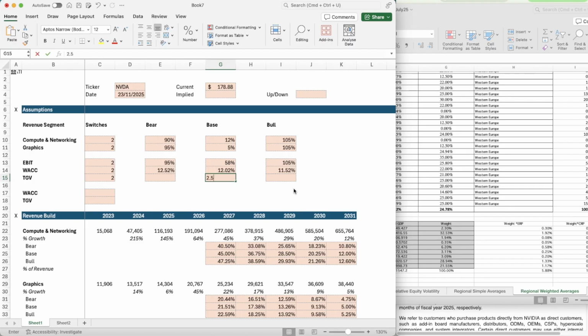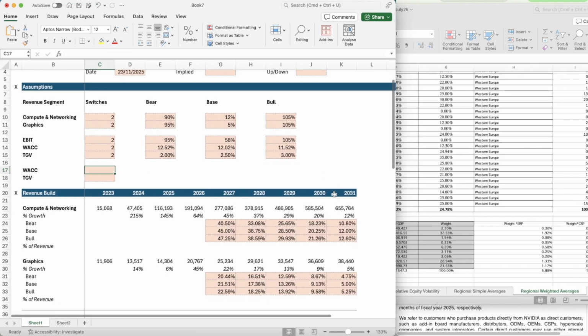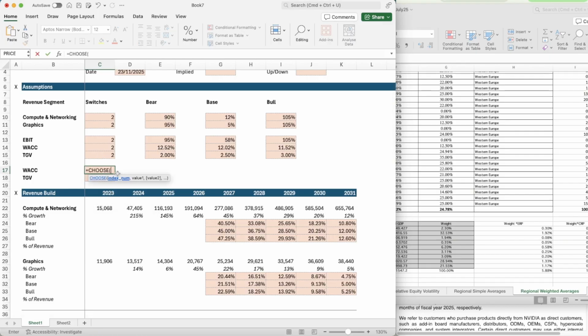We're going to say the terminal growth value is 2.5%. The bearish will be minus 0.5% to get 2. The bullish will be add 0.5%. And to allow us to flick between the switches, instead of using the offset function, we use choose.